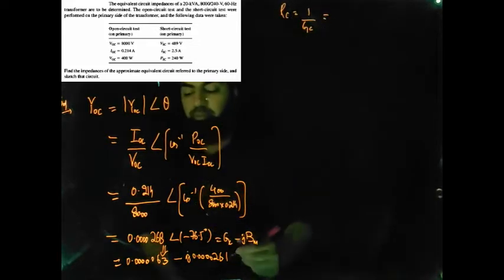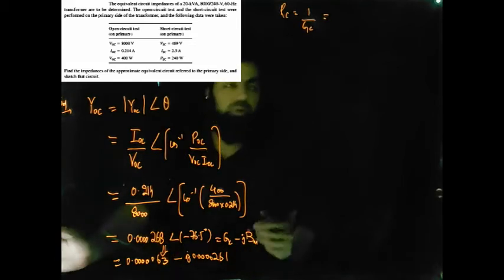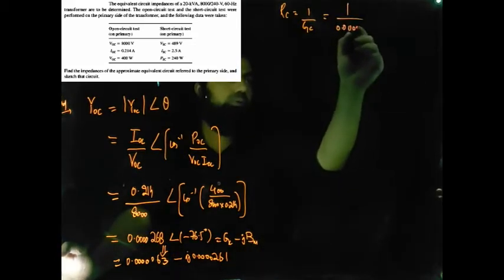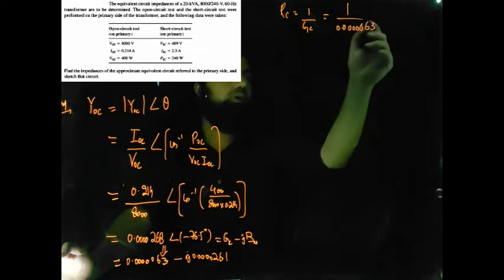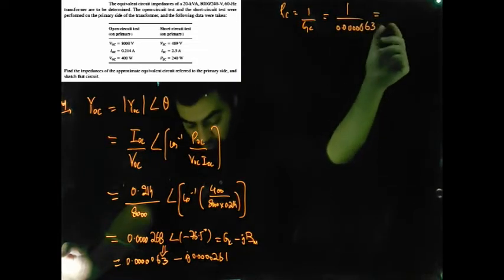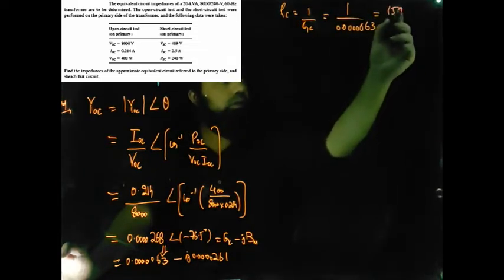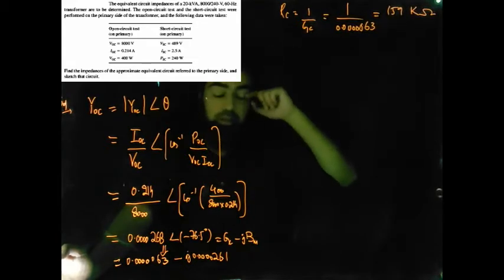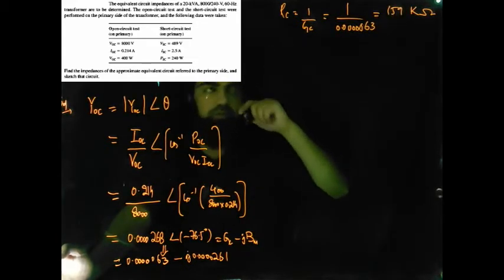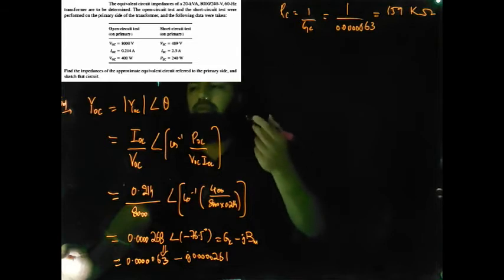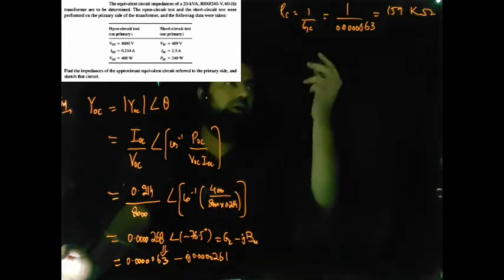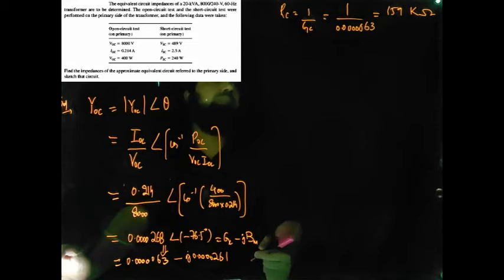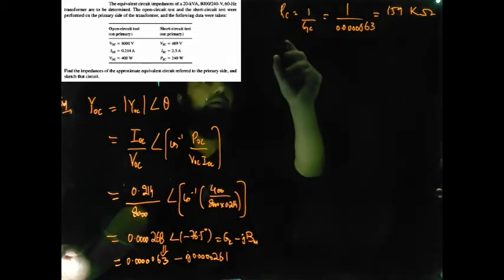So that is 1 by 0.0000063. That means it is equal to 159 kilo ohms. Fine. So you can see RC is a very large resistance. So naturally, if the voltage is 8000 volts, the excitation current flowing through this branch will be very less.